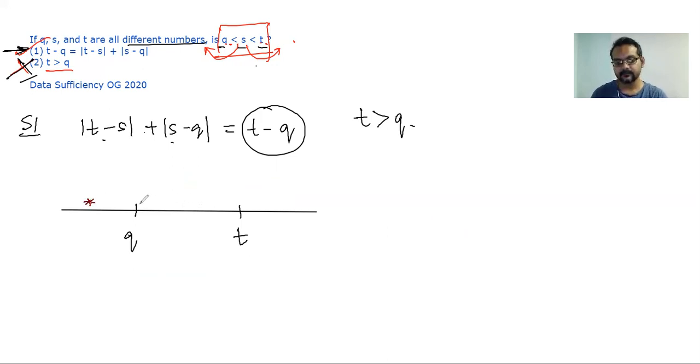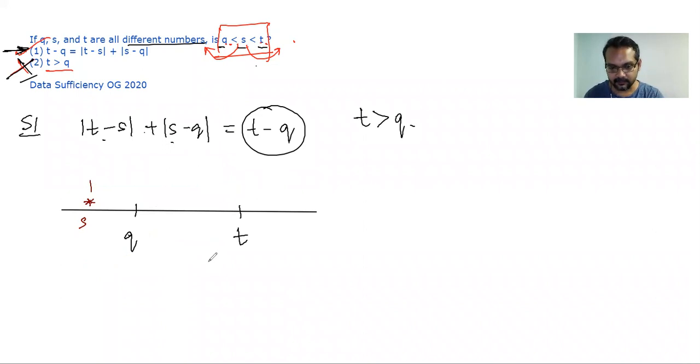Let's say s is here. If this is s, then t minus s is this distance because there is a modulus, and s minus q is this distance. The sum of these two distances is t minus q, this distance. Again, obviously not possible, since one of them being bigger and you are adding another positive quantity cannot become smaller.